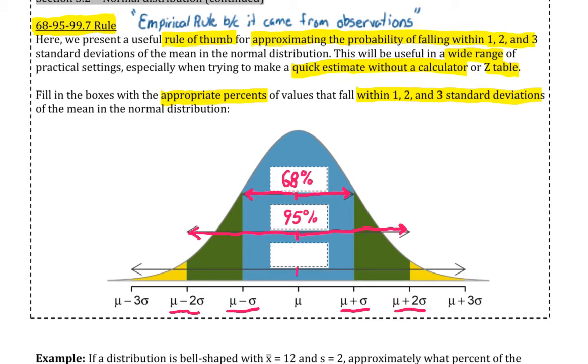And lastly, if we're starting at our mean and we go up 3 standard deviations, so mu plus 3 sigma, or down 3 standard deviations, mu minus 3 sigma, then this is where we should expect to find approximately 99.7% of our data.